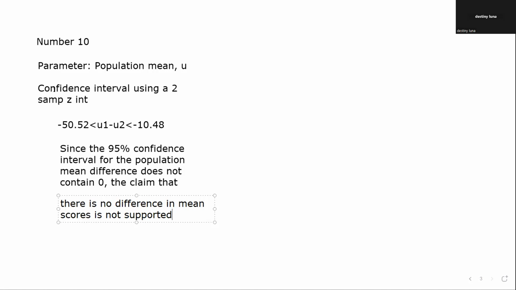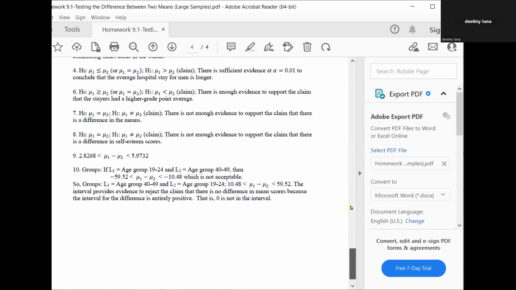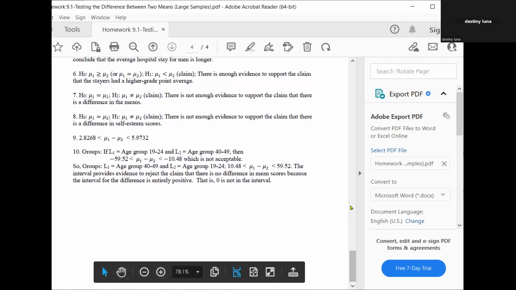Let me see what she actually wrote, because as I said, this is not a formal hypothesis test. So just to see what she actually wrote in there, let me take a look. It says, okay, so we got our interval right here, which is not accept.